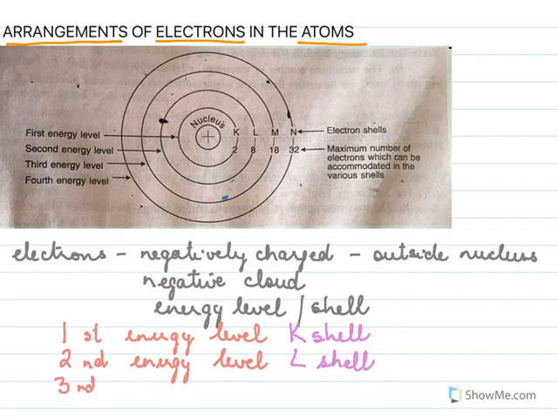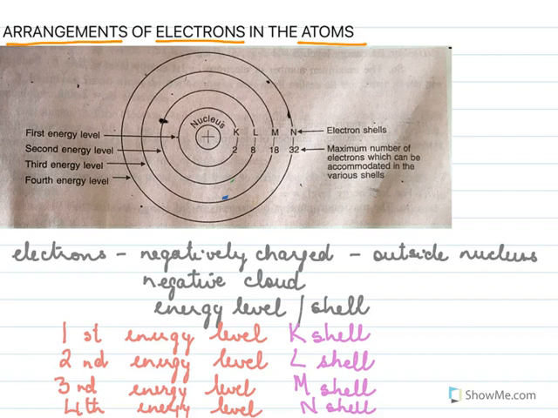We have the third energy level. Third energy level is called the M shell, which has got higher energy. And then we have the fourth energy level, which is called the N shell.